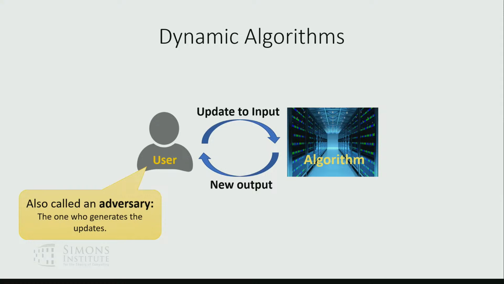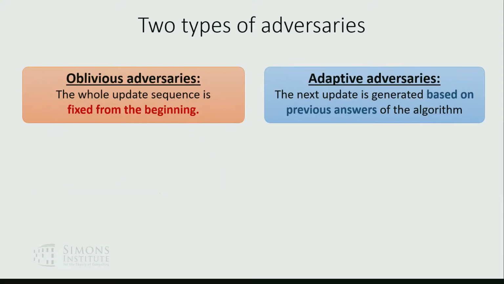And there are two big kinds of adversary, if you want to separate them. You can be fine-grained and make many kinds of them, but the two big ones are the oblivious one and the adaptive one. The oblivious one is the one that fixes the whole sequence of updates and queries from the beginning.